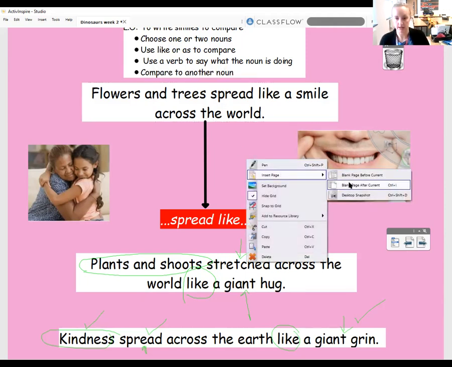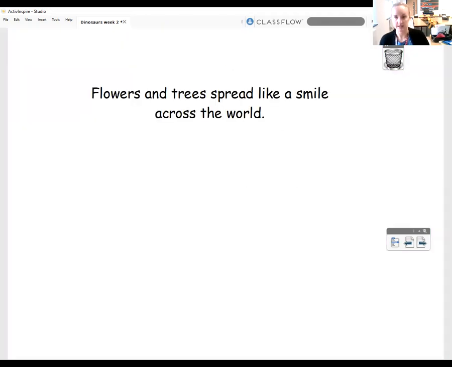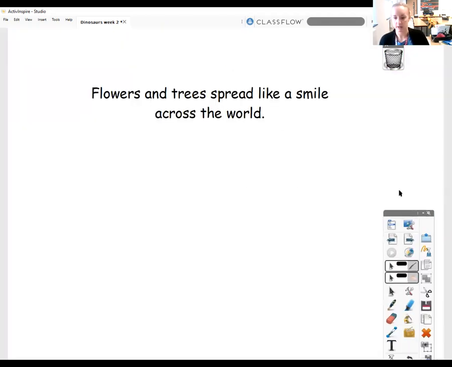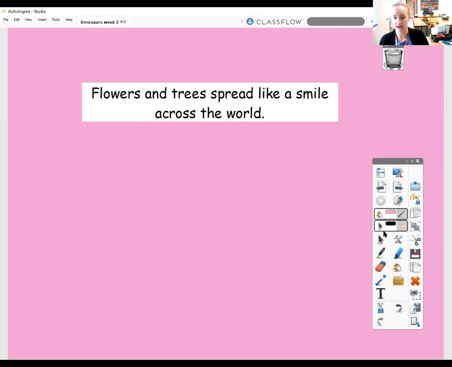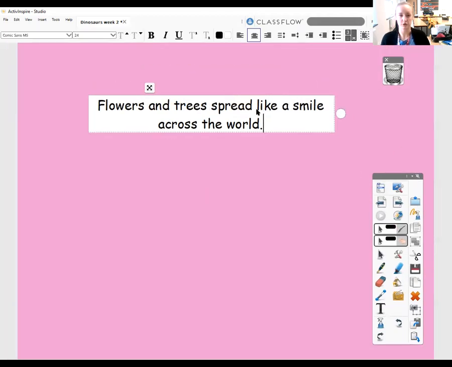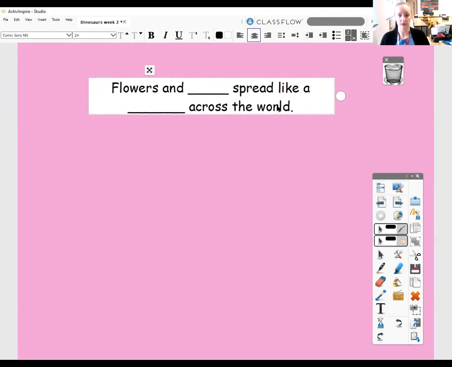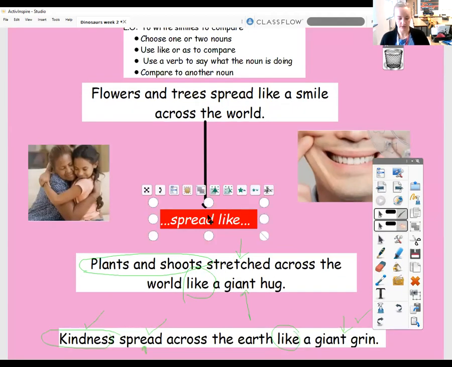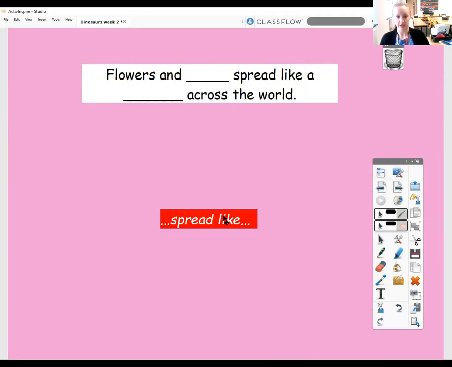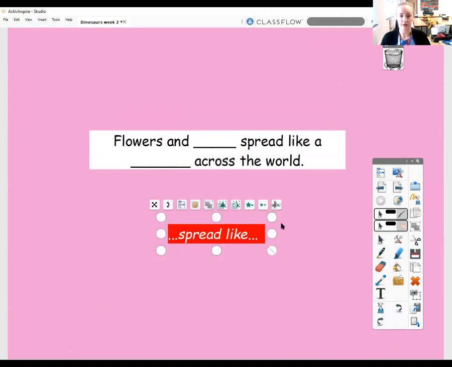Have a little look, and if you find this too challenging, I'll copy this on the next page for you. Here I will blank out a couple of words and you can just cut them out and put your own words in. So we could have flowers and something spread across the world like a, okay, or you can just use this one here to have a go at writing your own.